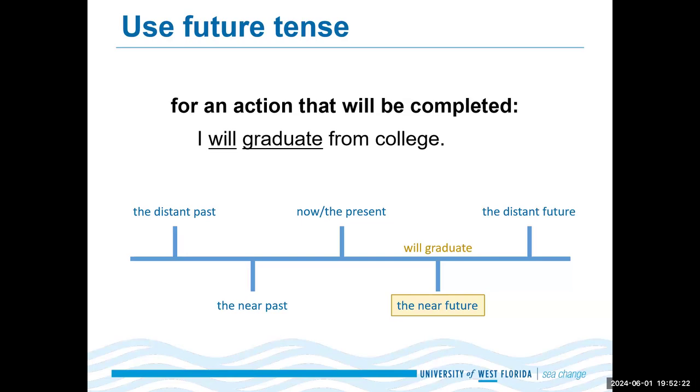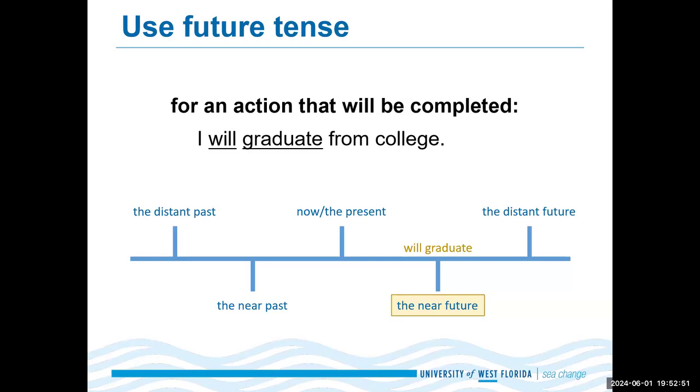Okay? Yung action na kailangan pang ikumpleto. Still not yet complete at this time, but will be completed in the future. Example, I will graduate from college, and you will always be given a clue that this is for future tense when you see "will."